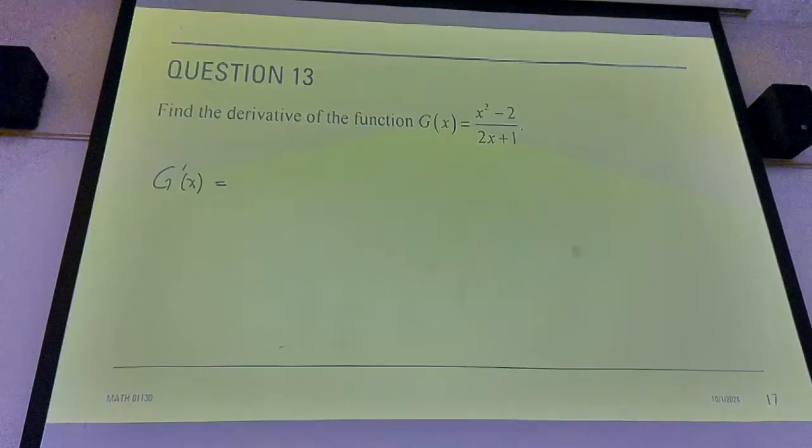So again, I'm going to write out the intermediate step for this problem and then never do it again. What did the quotient rule say? Basically, the bottom formula times the top derivative minus the derivative of the bottom times the top, all over the bottom squared.